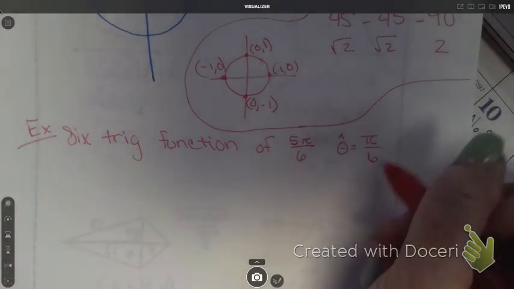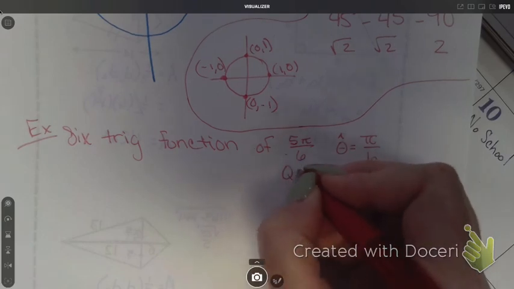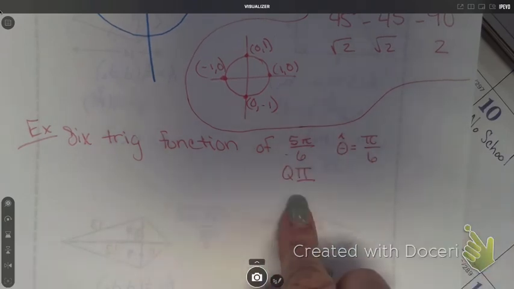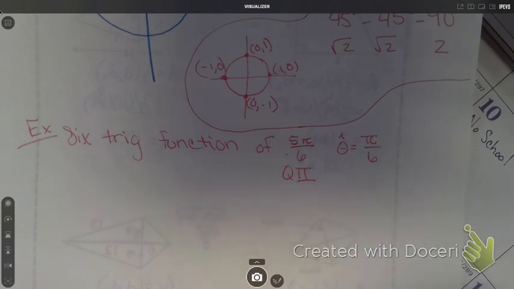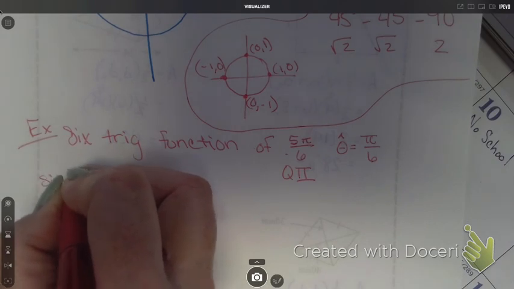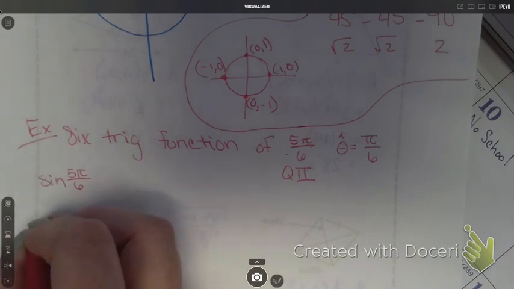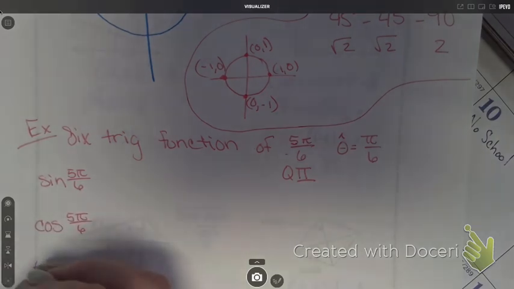So once I know this reference angle, I just need to know this is in what quadrant? Quadrant 2, and I need to know my reference angle, right? So the only thing positive in quadrant 2 is y, so what function? Sine. And you want 6 trig functions, so there has to be another one.